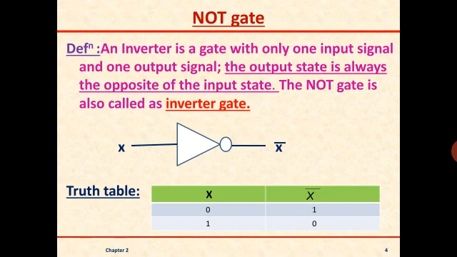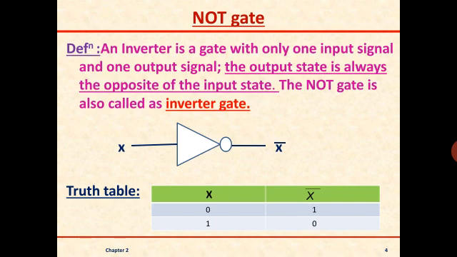So the first basic gate is the NOT gate. This NOT gate is also known as inverter gate. Students, 1 mark question is, what is the other name of NOT gate? You should remember that it is the inverter gate. Why is it called inverter?